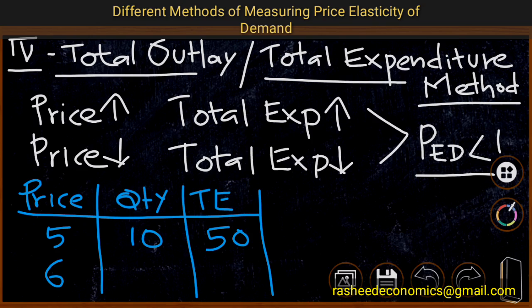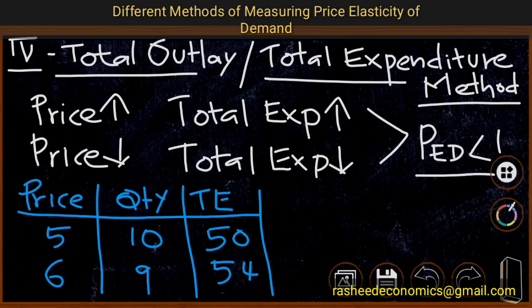Now when price increases to rupees 6, quantity demanded will decrease. Here the decrease in quantity demanded is only a small quantity, that is demand decreases to 9 and total expenditure is 9 into 6, that is 54.